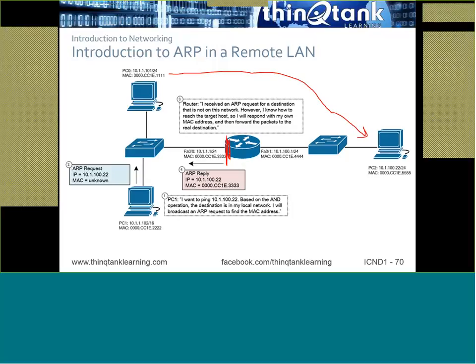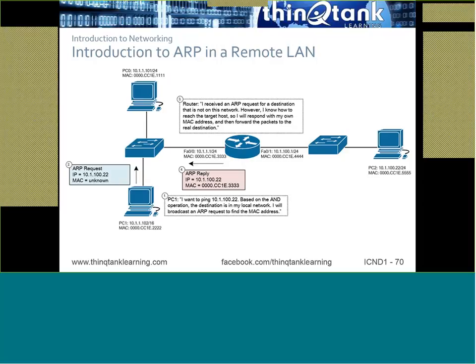So, in the event that the destination is outside of my subnet, I don't try to discover the MAC address of the destination. Nope. I try to discover the MAC address of my gateway, which is the router interface. We'll see more about that when we get into the packet delivery process. But layer 2 never goes to a router.